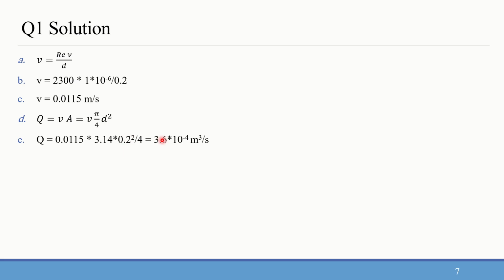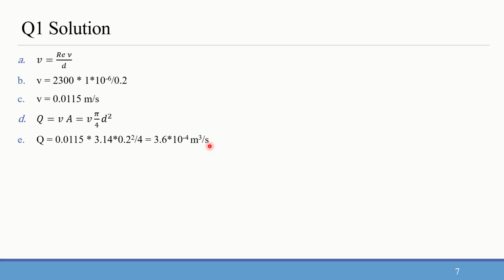Now we get 3.6 into 10 power minus 4 meter cube per second. This is the volumetric flow rate in meter cube per second. That is, for 1 second, 3.6 into 10 power minus 4 meter cube is flowing through that particular pipe.